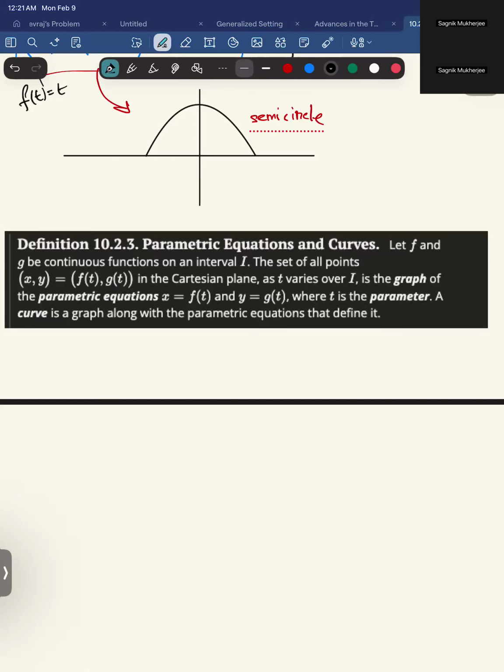So let me do an example. This is a very interesting problem. So I'm giving a parametric equation.